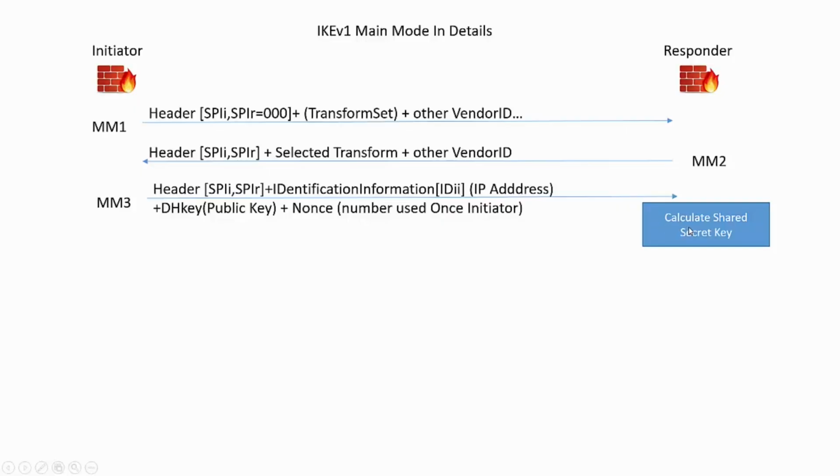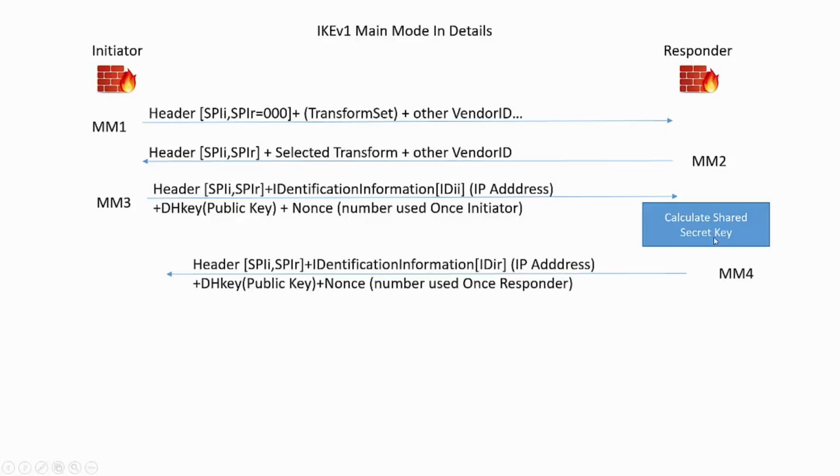The responder would now, because it knows the group that was selected, based on message 1 and message 2, be able to do the next step, which is to calculate its shared secret key. Now the responder has the Diffie-Hellman public key of the other side, which is of the initiator, and it has the group. It knows the Diffie-Hellman group to be used.